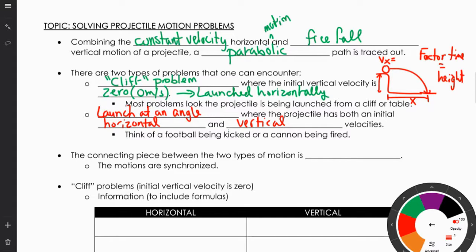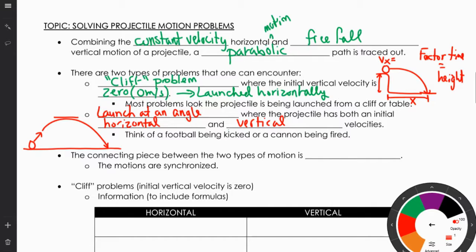So if I think about kicking a football or kicking a soccer ball, or a cannon being fired, we're going to launch it at an angle, and it's going to trace out this full parabolic path. It'd be equal to free fall if we were throwing the object upwards, and the only thing we're doing now is introducing that horizontal motion. So that just creates this path of a parabolic shape.